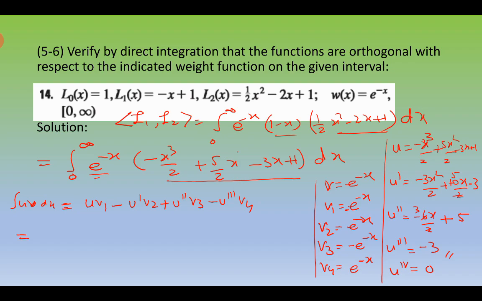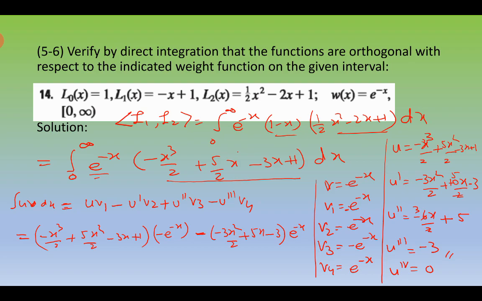Substitute all the terms here and take the limit 0 to infinity. U, minus x cube over 2 plus 5x square over 2 minus 3x plus 1 times v1. V1 is negative e power minus x. Minus u prime. U prime is minus 3x square over 2 plus 5x minus 3 into e power minus x.